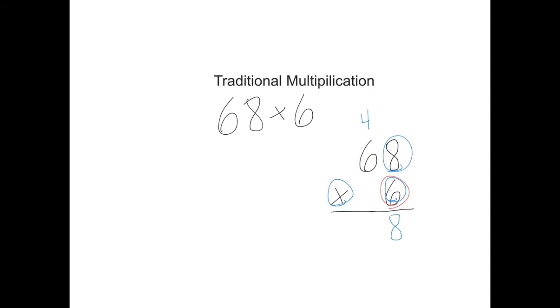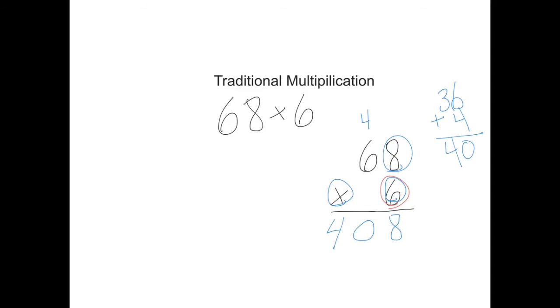Think about what that answer is and play the video when you are ready to move on. 6 times 6 is 36. I'm going to write that over here because now I need to remember to add the 4 place value on top to get 40. So I write my 0 in the tens place and my 4 in the answer.